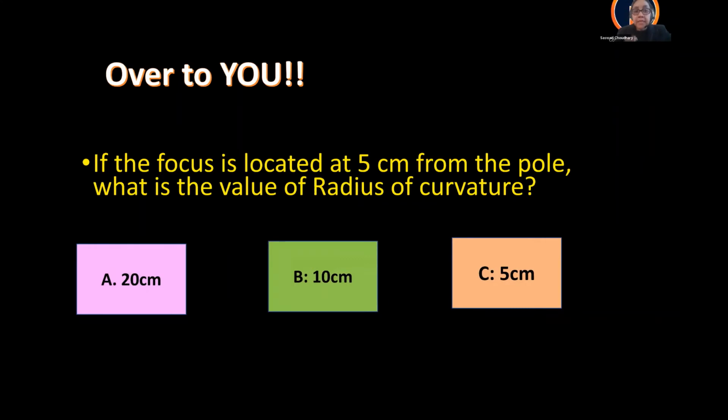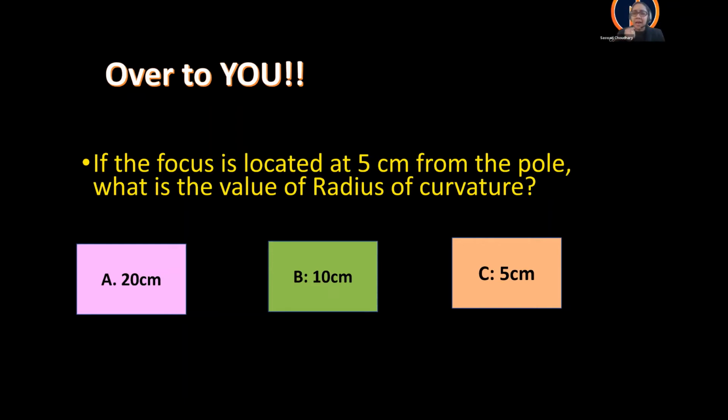If the focus is located at 5 centimeters from the pole, what is the value of the radius of curvature? This is very super easy. I'm 100% sure you'll be able to answer this question. If the focus is located at 5 centimeters from the pole, what is the value of the radius of curvature?